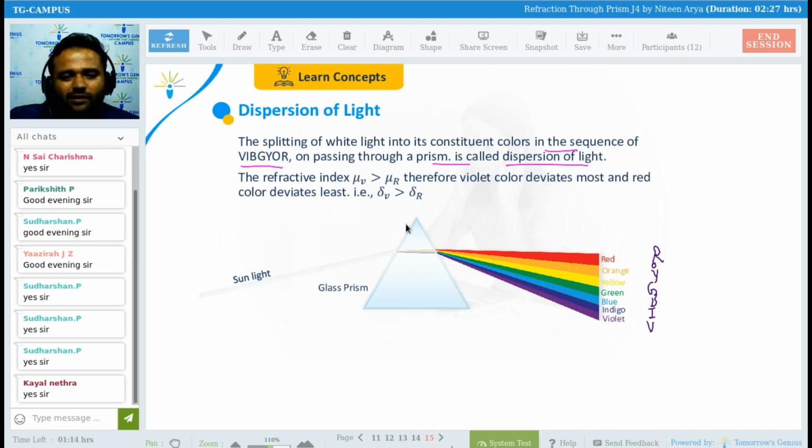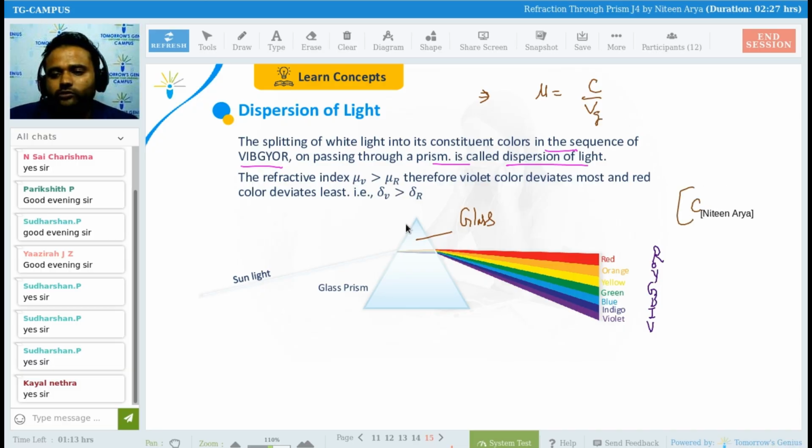As you saw in the previous lectures, the refractive index of any particular medium is simply C by V. C is the speed of light in air and V is the speed of light in that particular medium. Here the medium is glass, or you can say prism, so speed of light in glass, Vg. Now we know one more thing also, C equals lambda f.